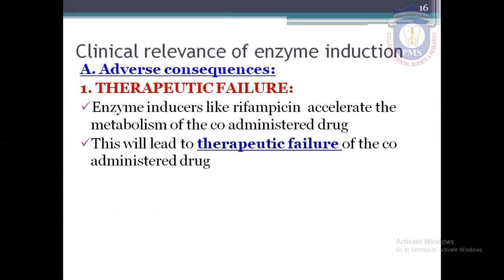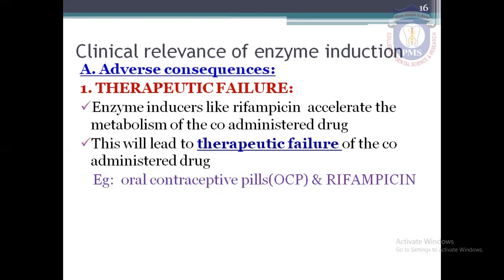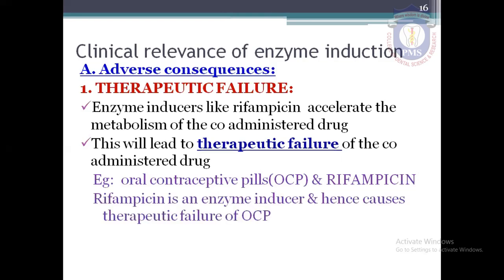This will lead to therapeutic failure of the co-administered drug. Examples are oral contraceptive pills and rifampicin. Rifampicin is an enzyme inducer, hence it causes rapid metabolism of oral contraceptive pills and causes therapeutic failure.